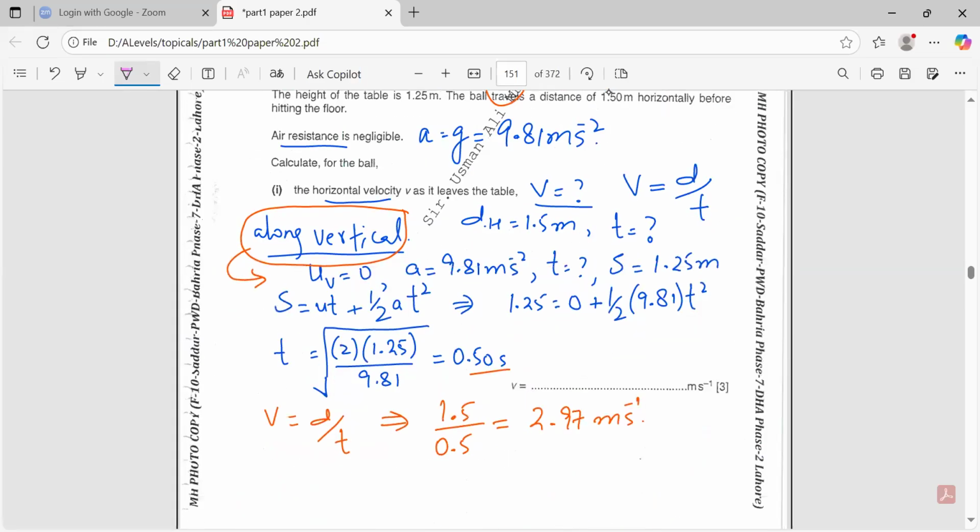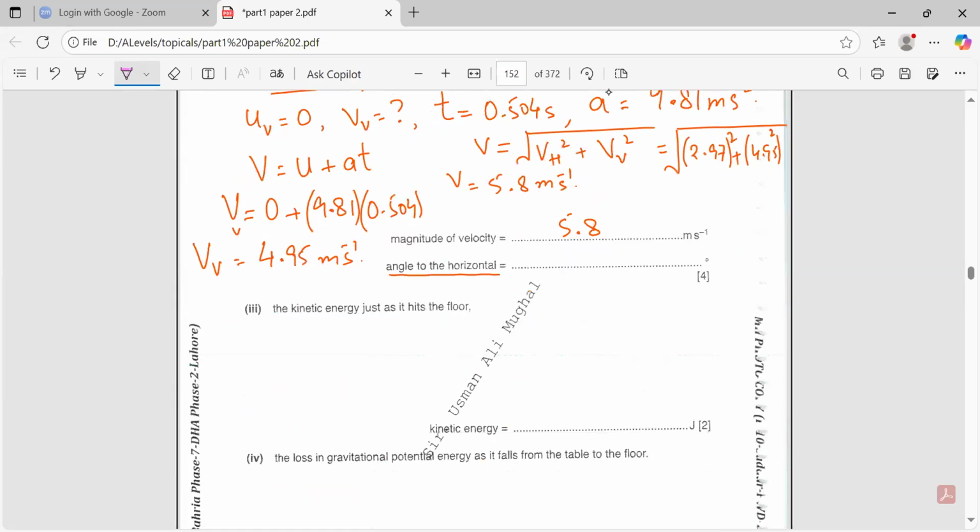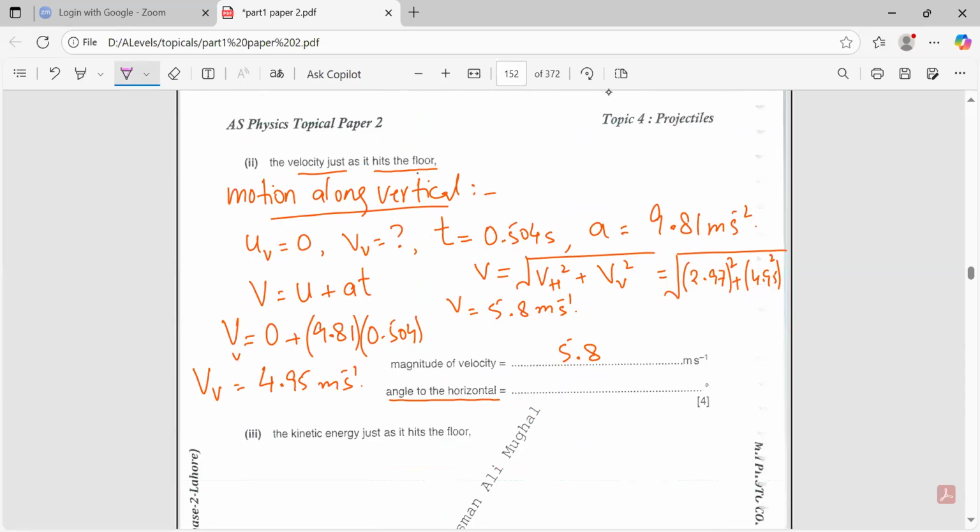So how can we find out this angle theta? The angle theta will be found from a relation of tangent theta. If we apply the relation, tan theta is equal to perpendicular over base. So the value of perpendicular velocity is 4.95 whole divided by 2.97.